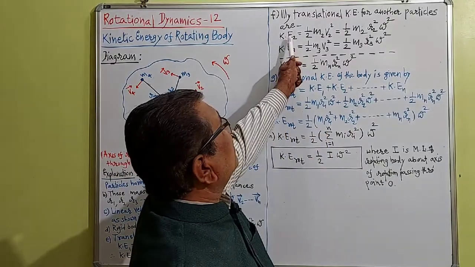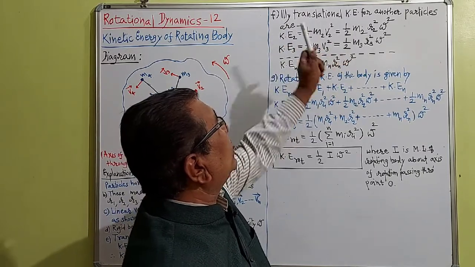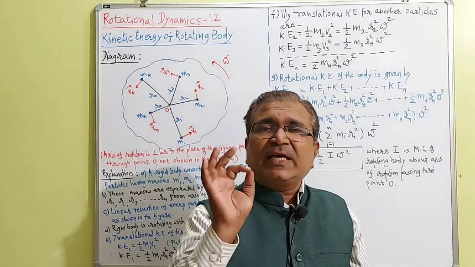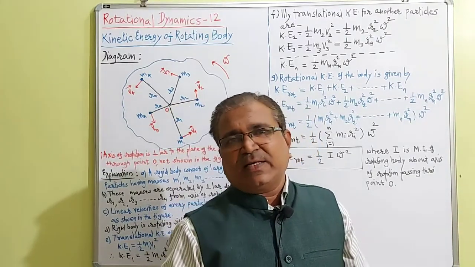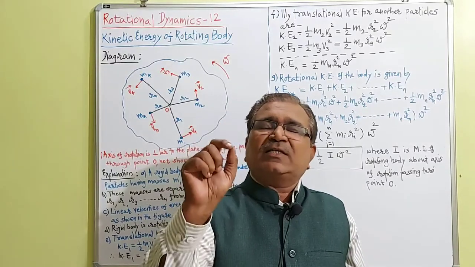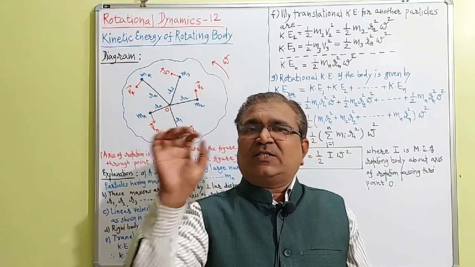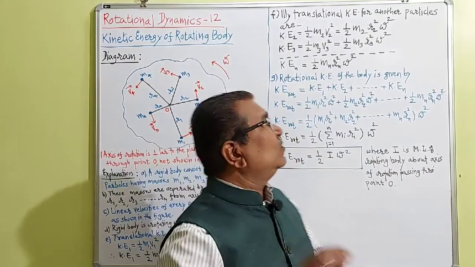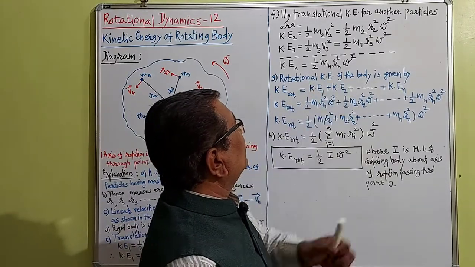Similarly, the translational kinetic energies of the other particles are KE2 is equal to 1/2 m2 r2 square omega square, KE3 is equal to 1/2 m3 r3 square omega square ... KEn is equal to 1/2 mn rn square omega square.